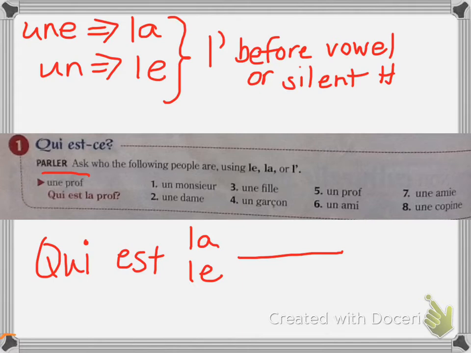Numéro 5, un prof. Qui est le prof? Numéro 6, un ami. Qui est l'ami? So again, that one's going to be L apostrophe A-M-I, and you pronounce it l'ami because it starts with a vowel. Numéro 7, une amie. Qui est l'amie? Sounds the same. If you were writing it out, it would be spelled a little differently because it would have to end in the E to make it feminine. But it sounds the same. And numéro 8, une copine. Qui est la copine?